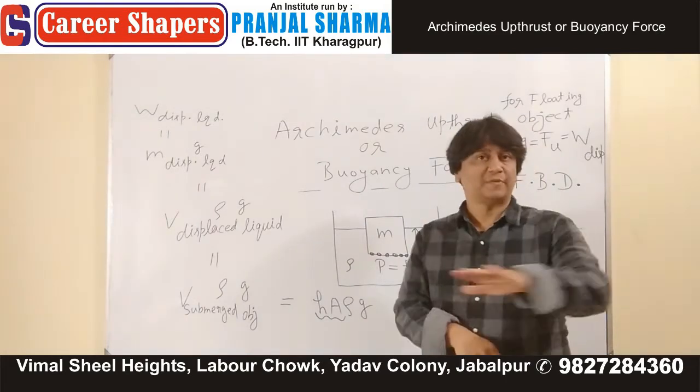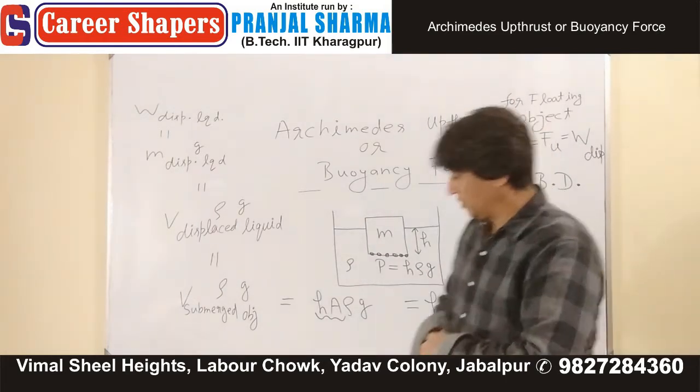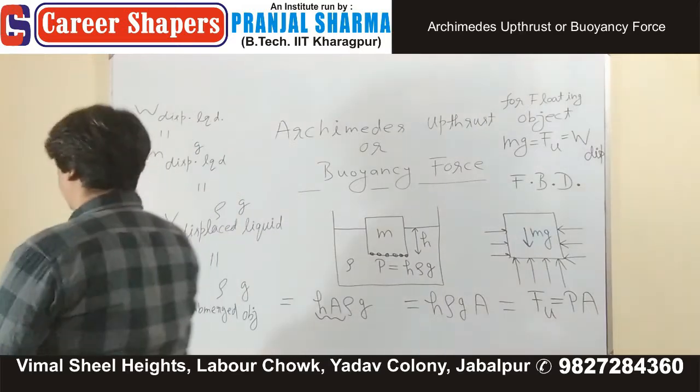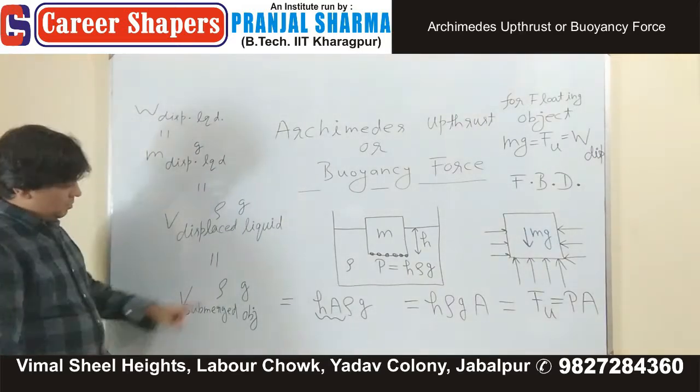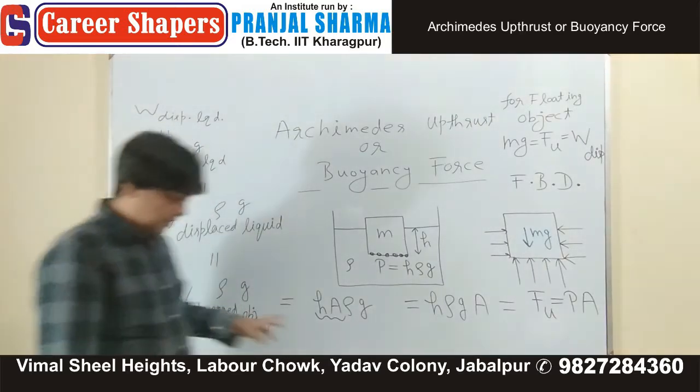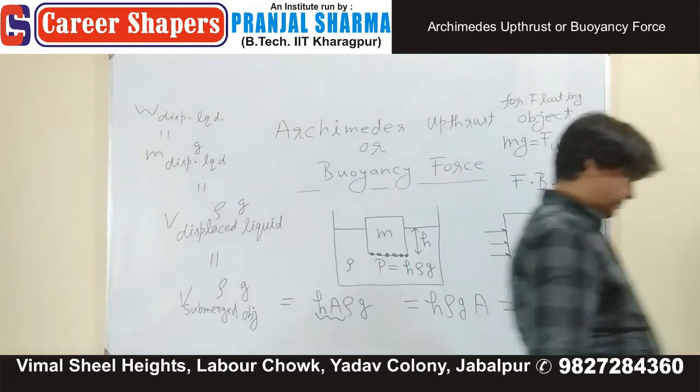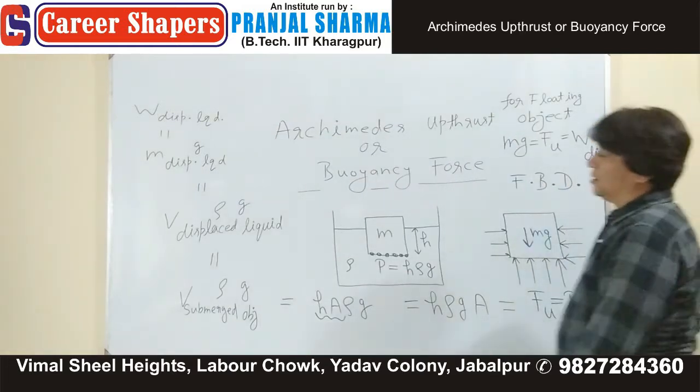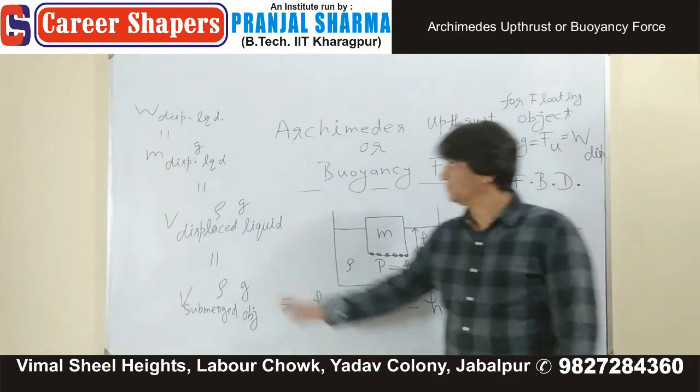Write it down in the form of a statement: volume of object submerged inside the liquid, multiplied by density of liquid, multiplied by g.